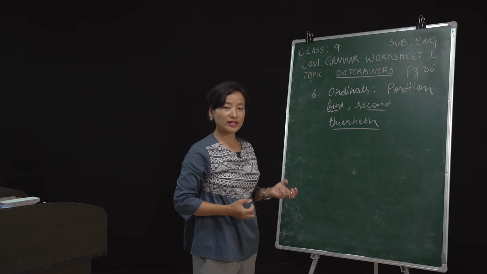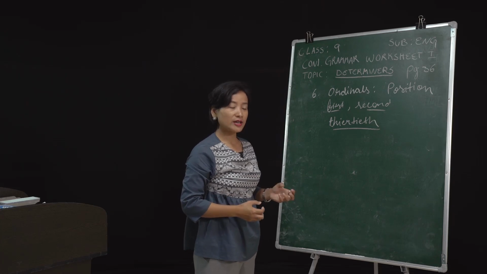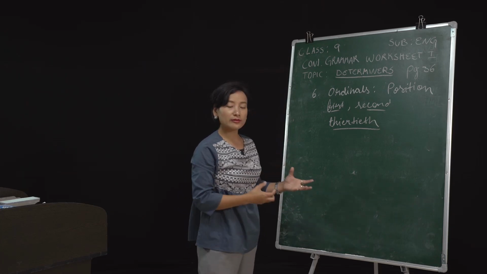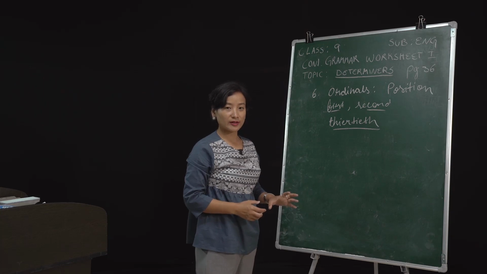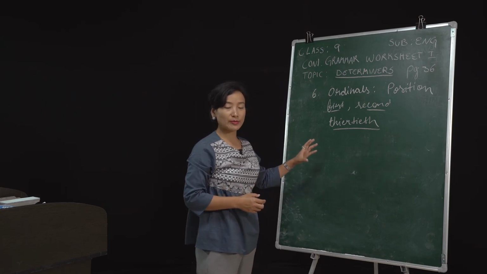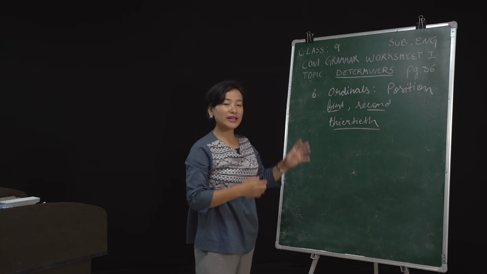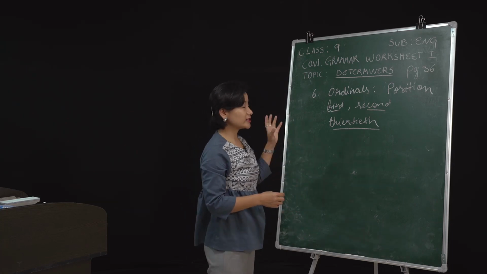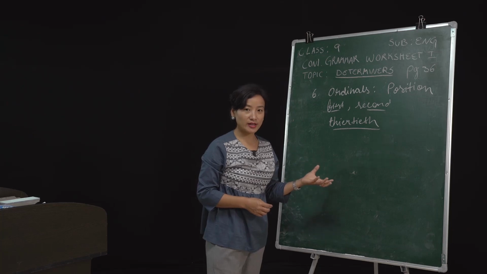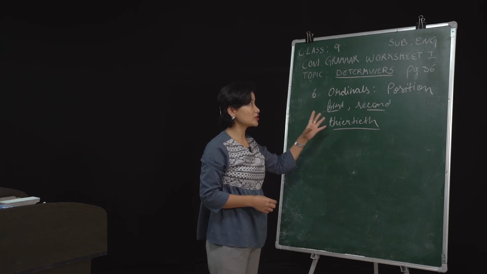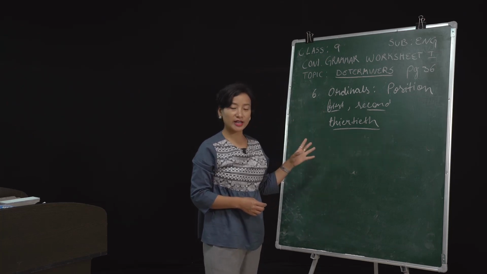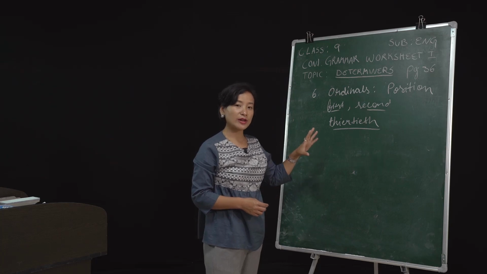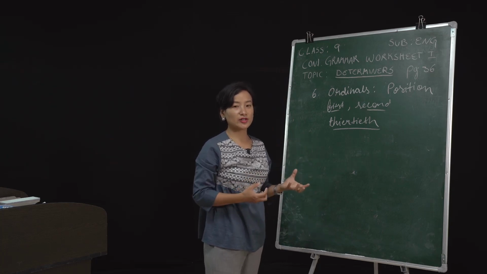He stood first in our class. All right, he was the 30th rank in our class. Okay, so see, it is telling us about the position. He came second in the race. Position, all right? So see, isn't it specifying things? So it is following the function of a determiner here. So see, that's why you need to remember the functions, all right?